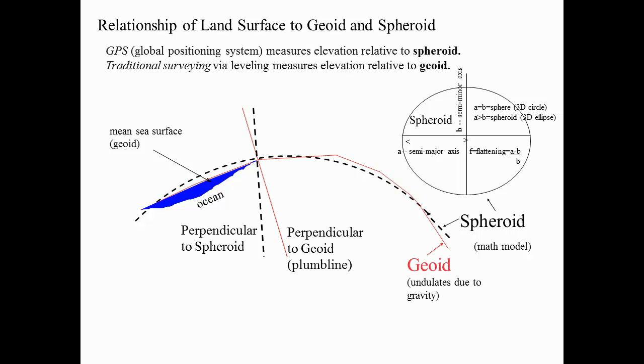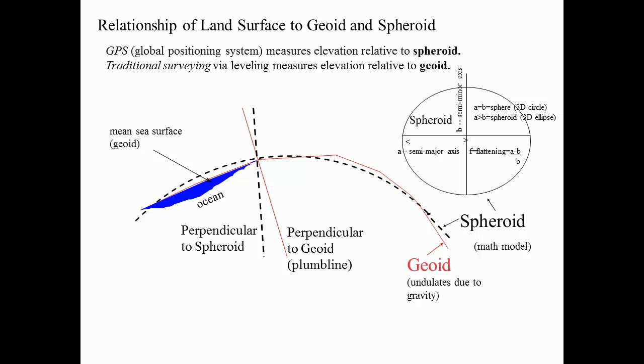As a matter of fact, if we plotted or drew the geoid as a red line relative to the perfect spheroid, we find that in some places the geoid pops up above the perfect spheroid. In other places, the geoid occurs below the perfect spheroid.